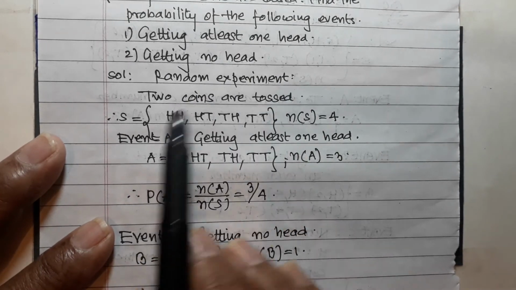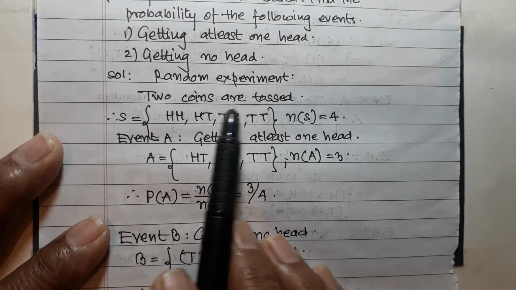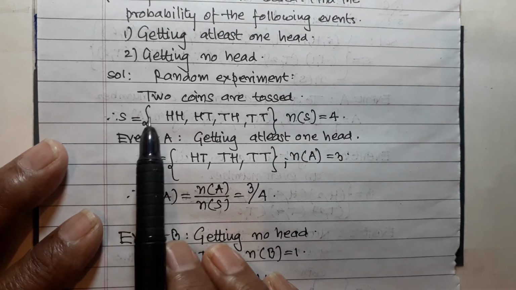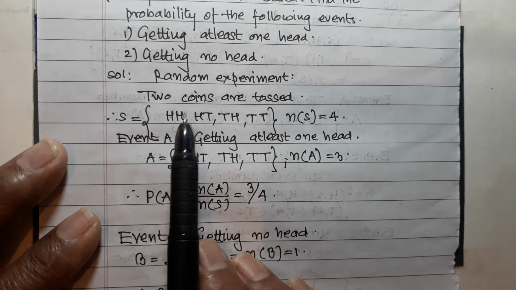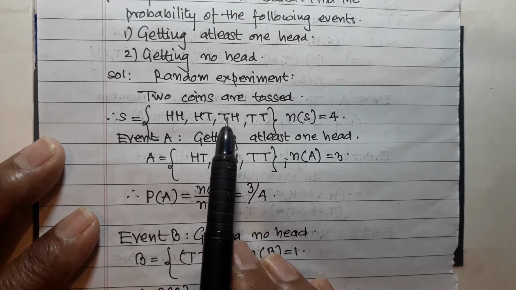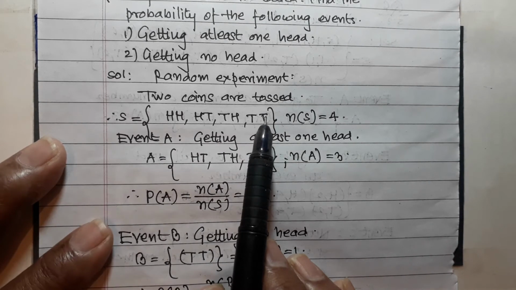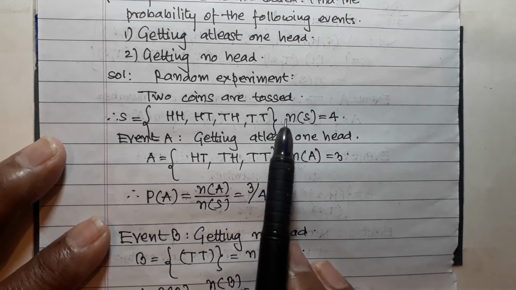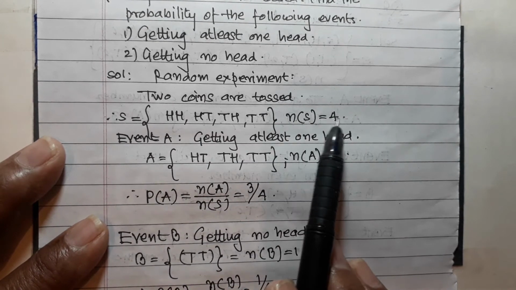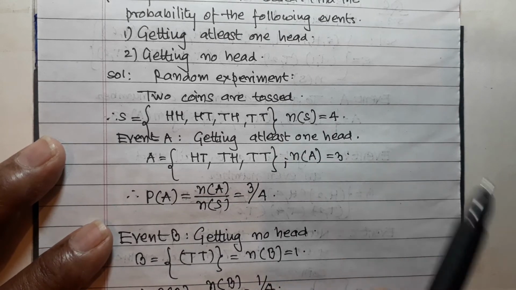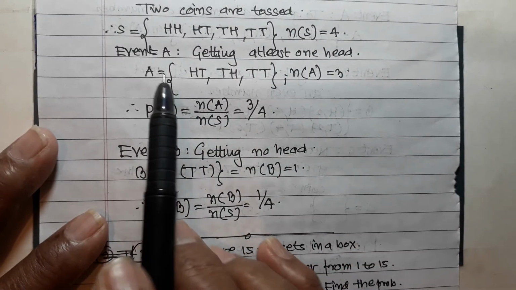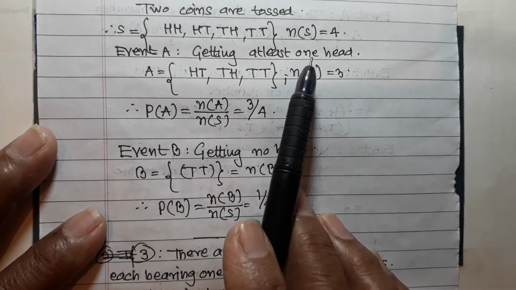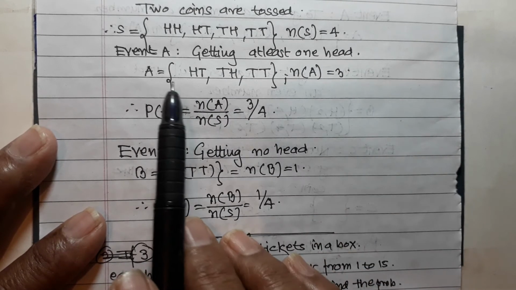Random experiment: two coins are tossed and therefore sample space S is equal to {HH, HT, TH, TT}. In all there are 4 outcomes and therefore n(S) is equal to 4. Then event A, getting at least one head.